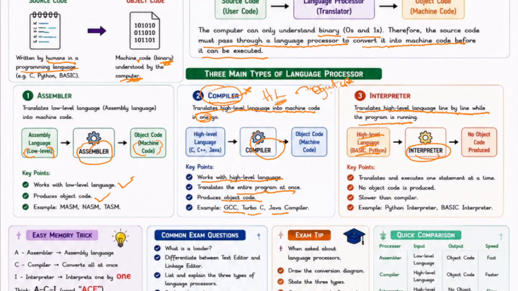So you pick one, eat, pick another one, eat, till the biscuit is finished. That is how interpreter works. It translates and executes one statement at a time. No object code is produced. Slower than compiler.